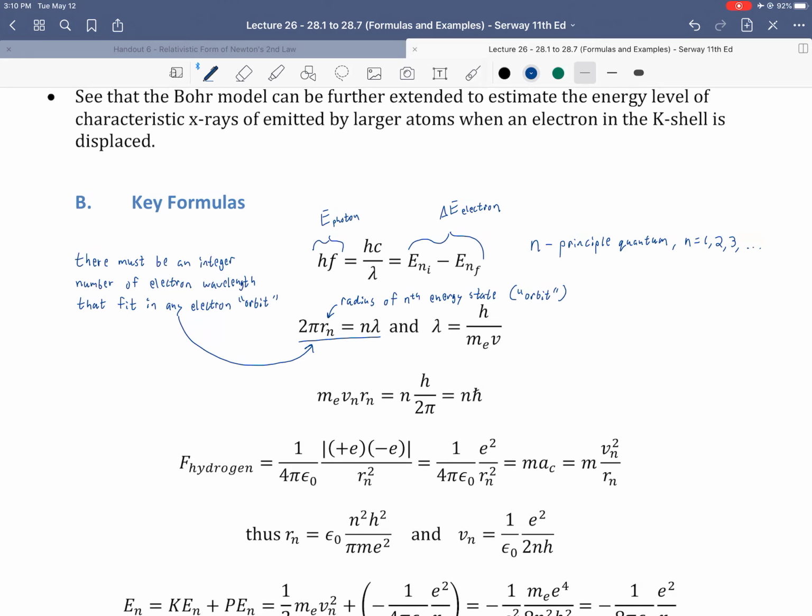All right? The important thing here, and a good thing to make sure you're getting a handle on, is that this lambda is the wavelength of what? Well, since it's equivalent to the energy of the photon, it is the wavelength, excuse me, of the photon.